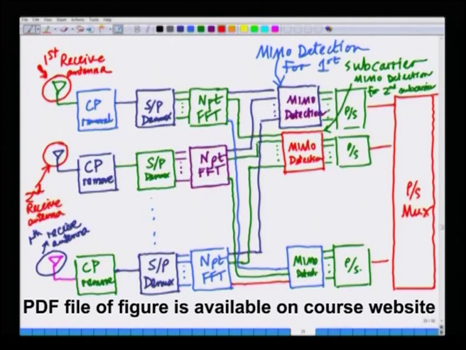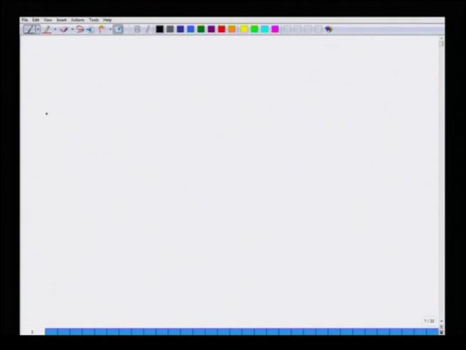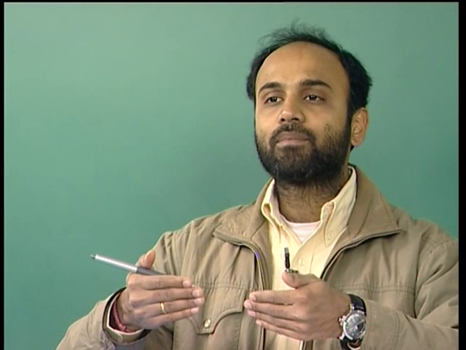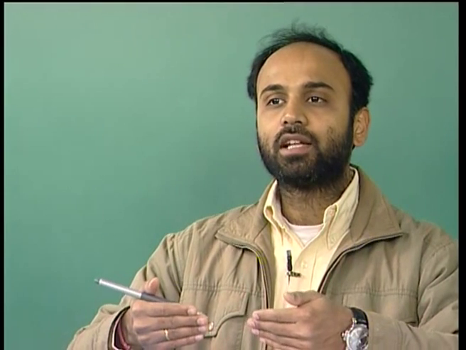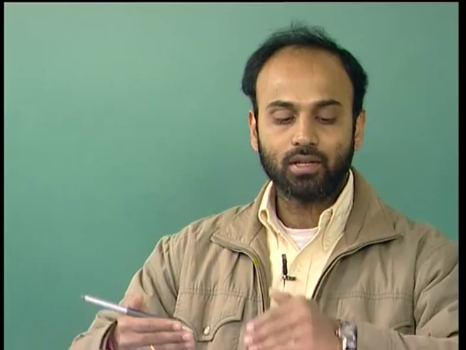MIMO OFDM system. As a result of this, one can convert the frequency selective MIMO channel, as we said already, into a set of parallel flat fading MIMO channels.